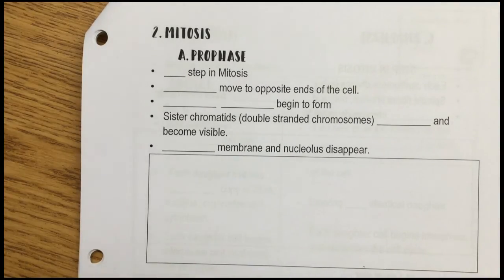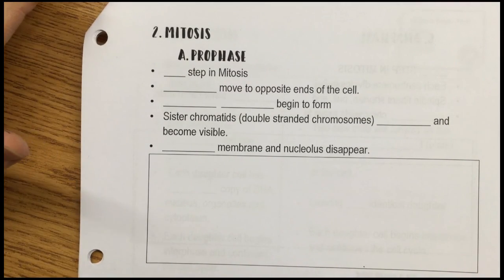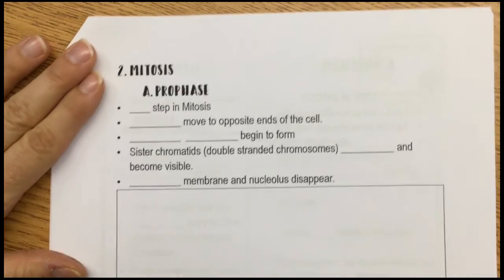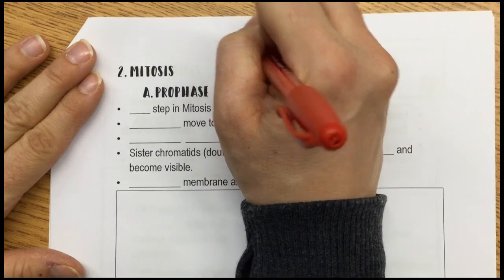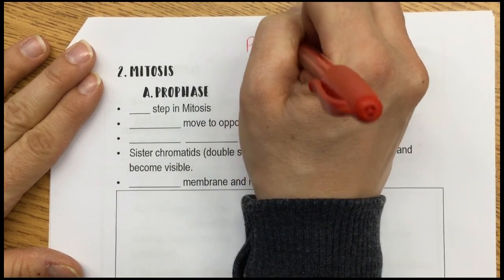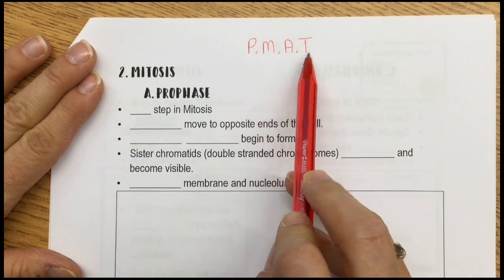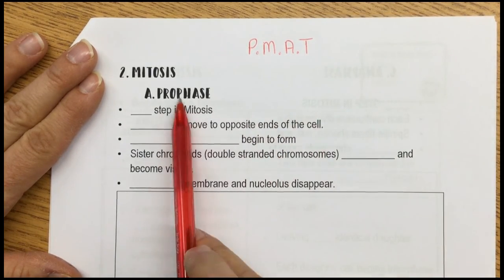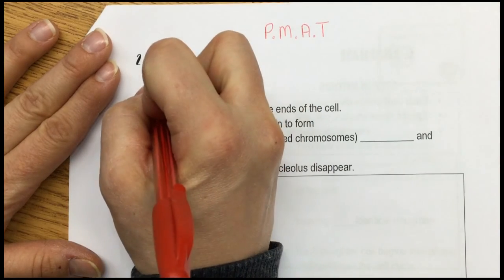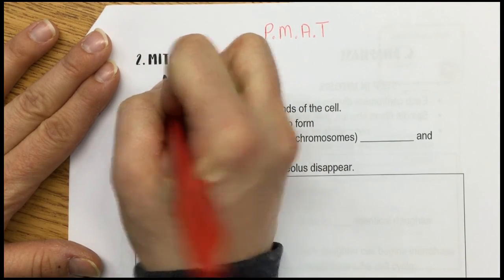Now we're going to start mitosis. The first stage in mitosis is prophase, and all 4 stages together, you've probably heard the acronym already, PMAT: prophase, metaphase, anaphase, telophase. So prophase is our first step in mitosis.